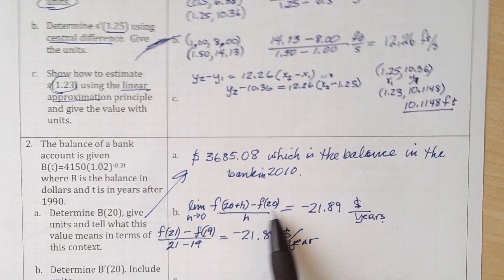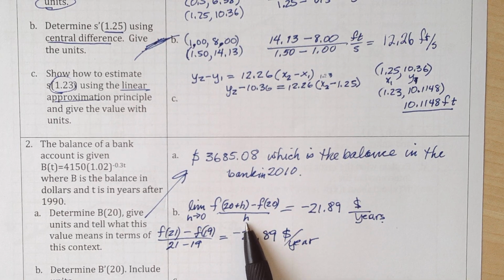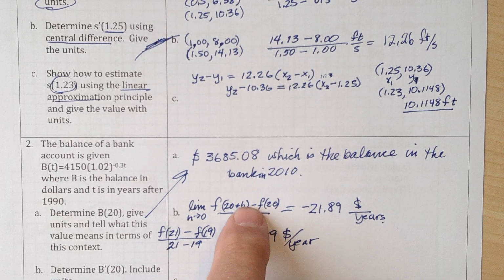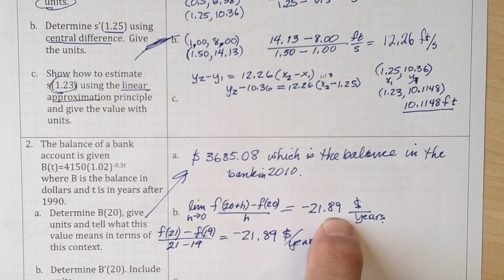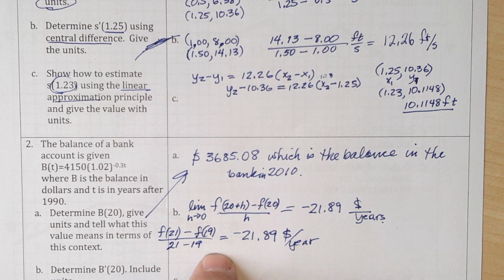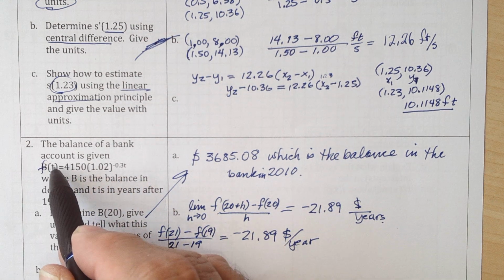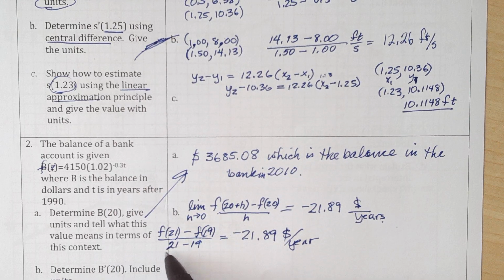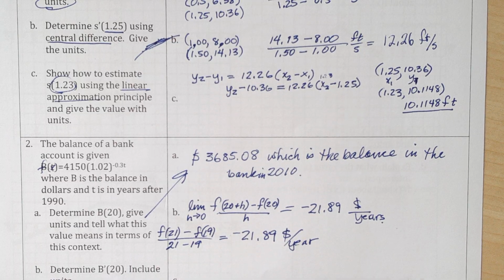Now in Desmos, you can type this in. It'll give you h as a slider, but you can just go ahead and make it a slider, and then you can say h at 0.001, and h at negative 0.001. It'll give you this answer. If you typed in f, or if you call this f of x, you can type that in. If you wrote it as b of t, you can put b of 21 minus b of 19 over 21 minus 19 and get that.